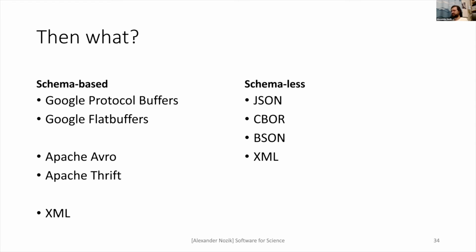It's slightly less efficient, but much more human readable, at least if we're talking about JSON. And JSON is almost a good choice in all cases, because it has very good parsers from the web industry, it's implemented in all languages, and it's human readable, which is important for debugging.